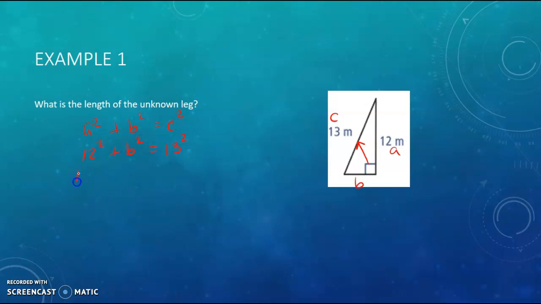Then 12 squared is 144 plus b squared, because we simplify our squares first, equals 13 squared, which is 169.